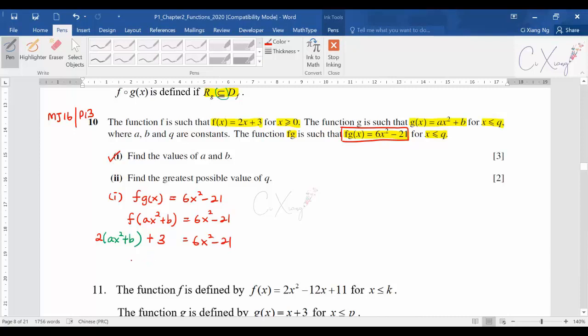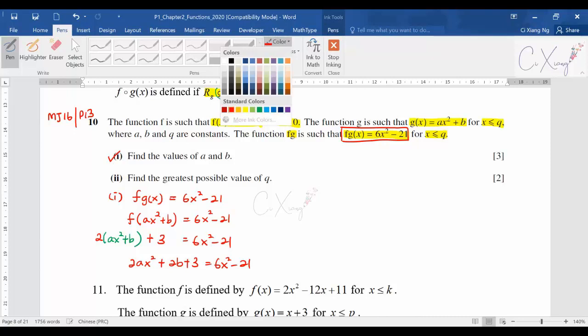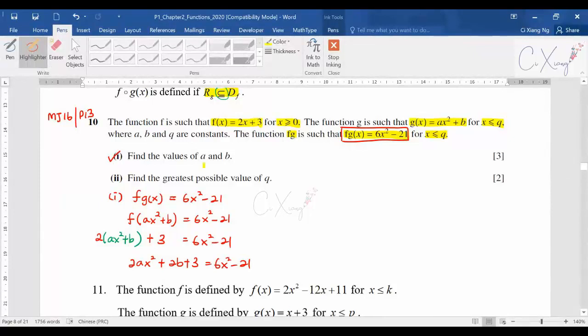Then you have 2ax squared plus 2b plus 3, equals 6x squared minus 21. Once you solve it until here, you can compare the left hand side and right hand side. If you look at 2ax squared, you can compare it with 6x squared. Therefore 2a equals 6, and a is 3.